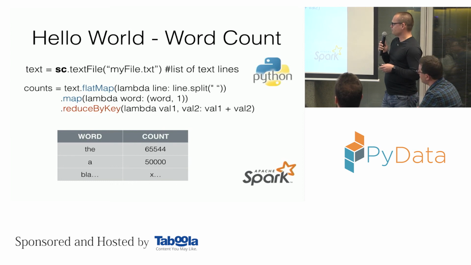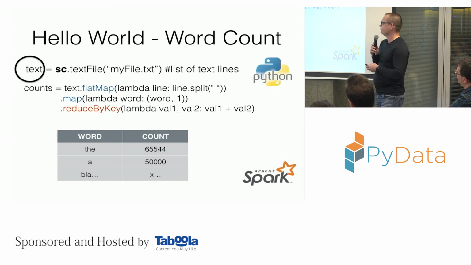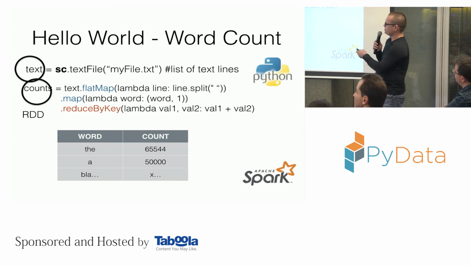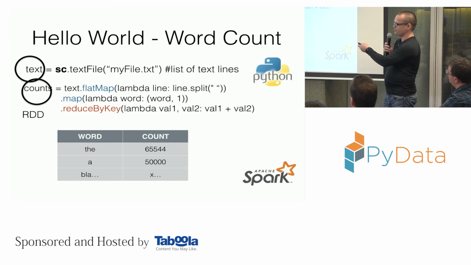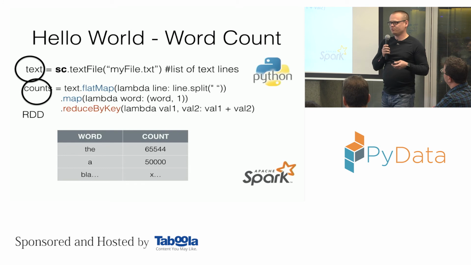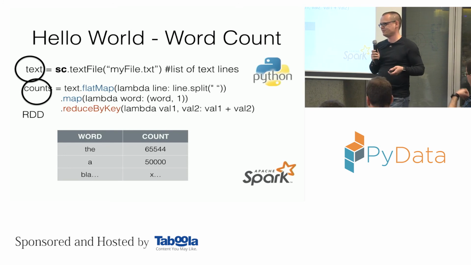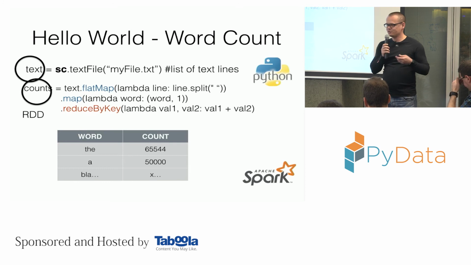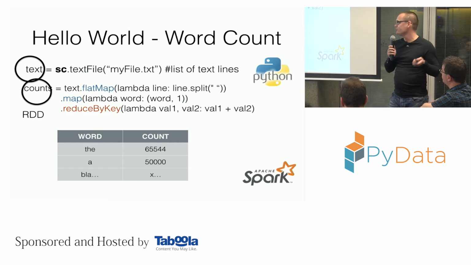So let's go line by line and examine what is happening here. By the way, those are the RDDs. That is, text and counts are both, like, you can think of them as a handle to a file which is actually stored on multiple servers. And from a programmer's perspective, it's just a variable, very simple.